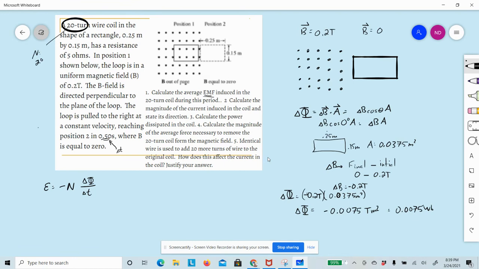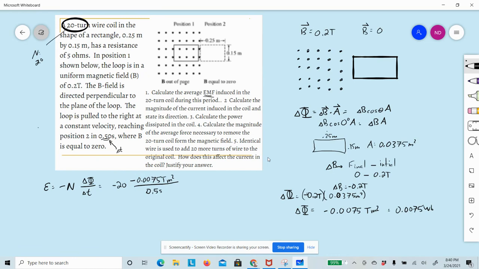So now just plug and chug. Negative 20 turns times negative 0.0075 Tesla meters squared with respect to time, which was a half a second, 0.5 seconds. Do this math.